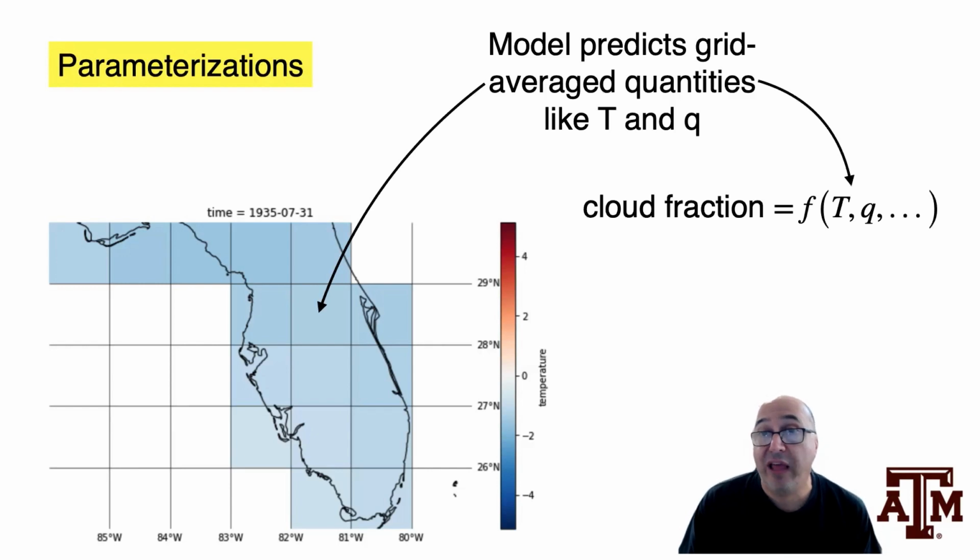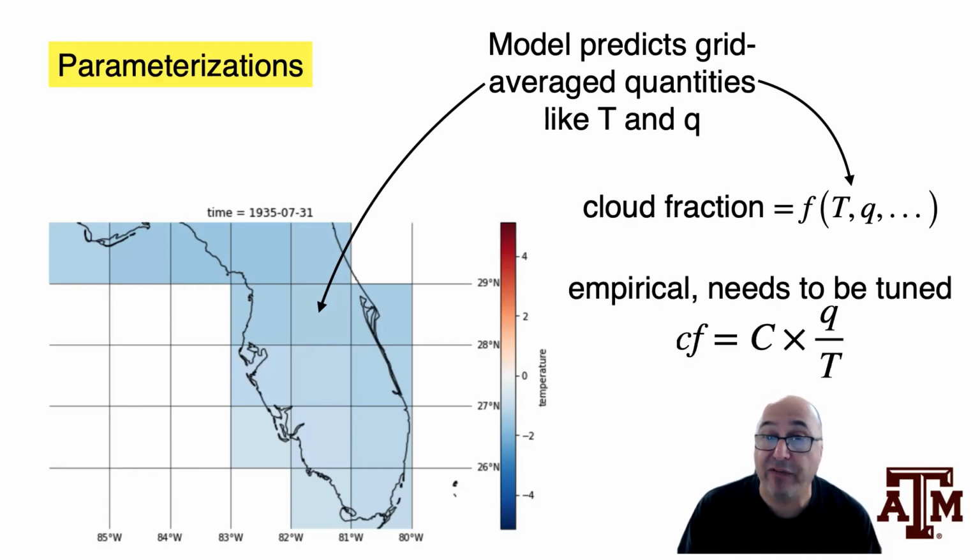And it creates an empirical relationship between these quantities that we can simulate and the quantity that it can't specifically resolve, in this case, clouds. So if we want to predict cloud fraction, we want to write it as a function of the things that we can simulate, like temperature and water vapor. And it's an empirical relationship, and it needs to be tuned.